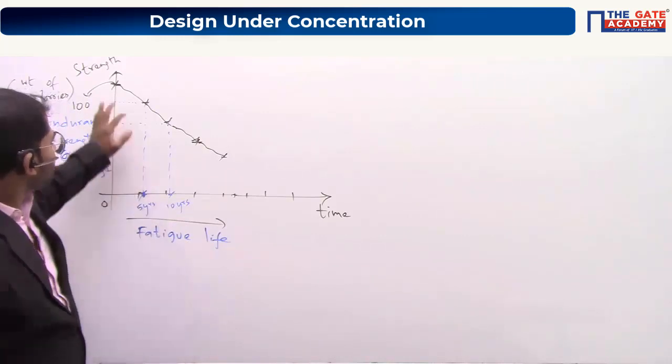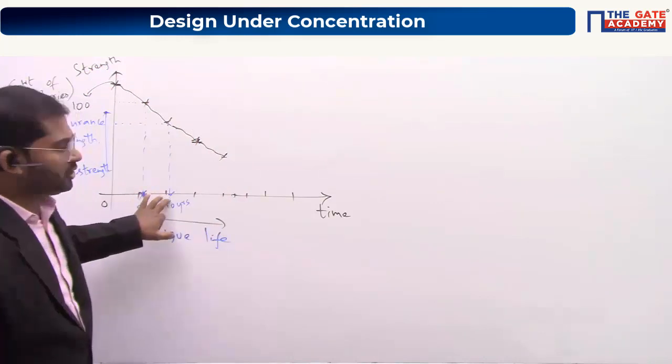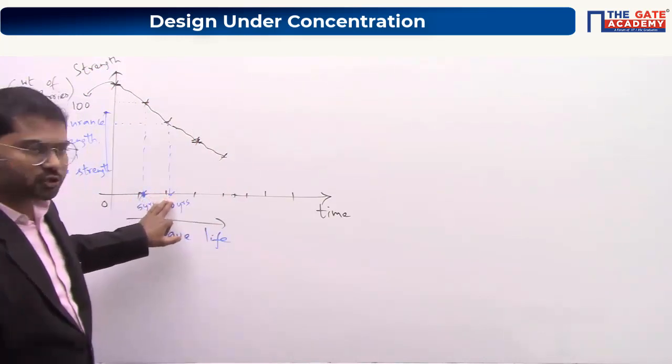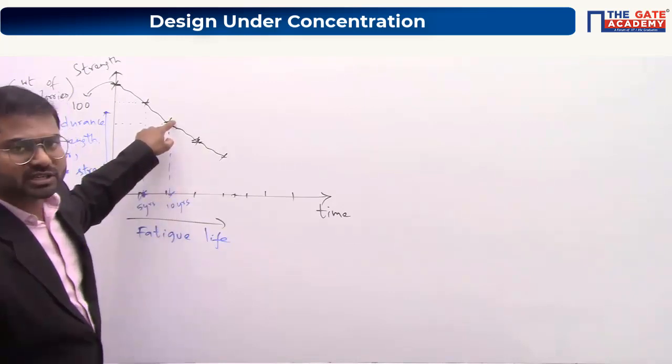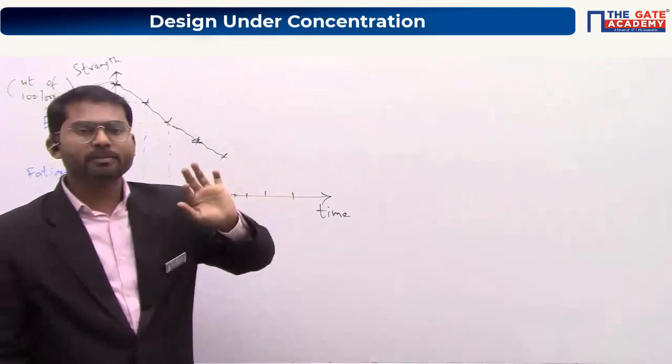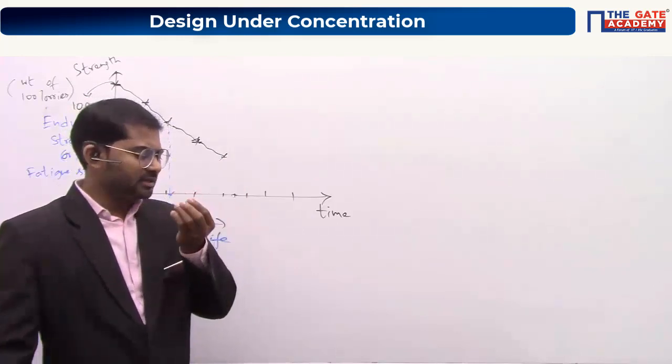That means the strength of this particular bridge will be going on varying like this. So on the 10th year, if by any chance the traffic on the bridge reaches this particular value of stress, immediately it will break or the whole bridge will collapse. It's a very simple example there.